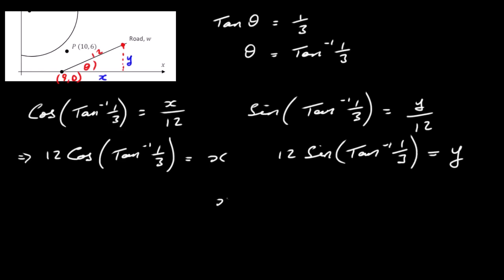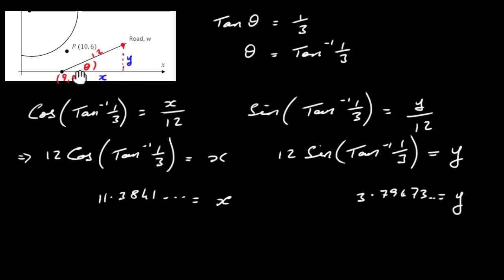So my x value will be 11.3841 and so on. My y value will be 3.79473 and so on. Now, just got to be a little bit careful here. I've worked out this distance here, but that's not the x-coordinate.